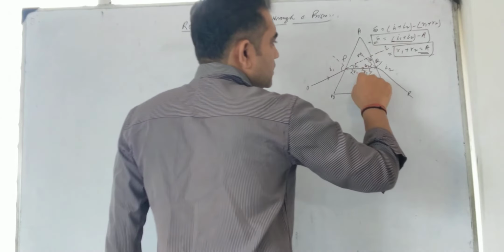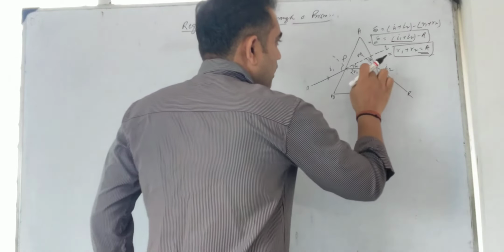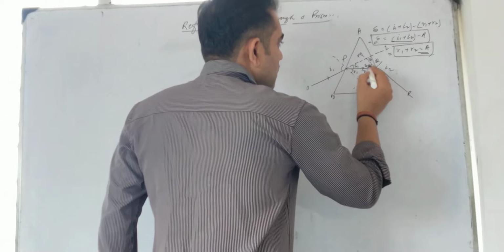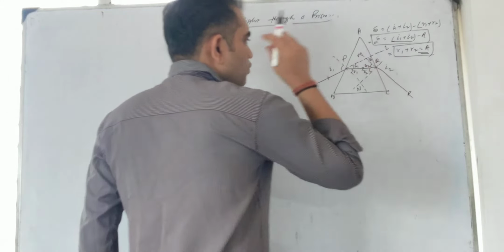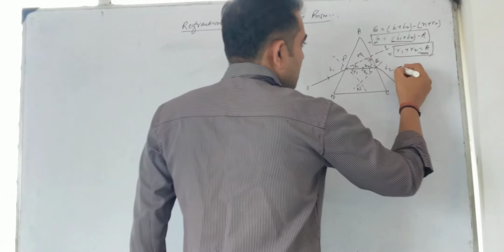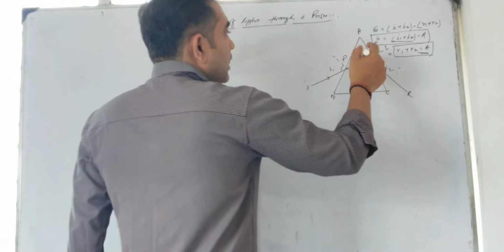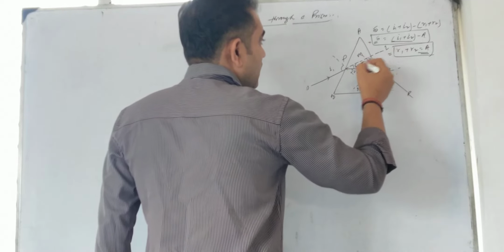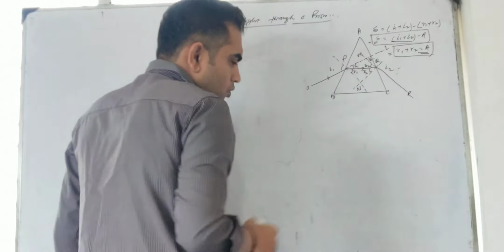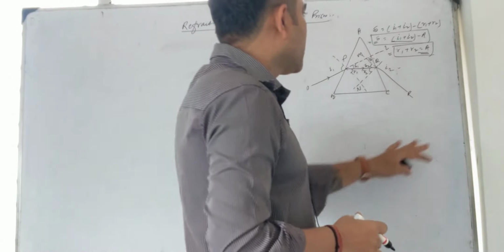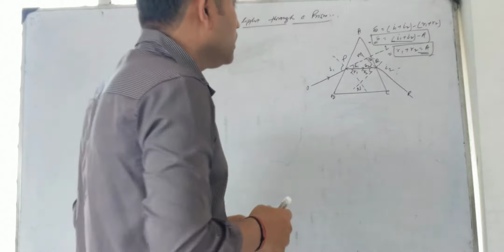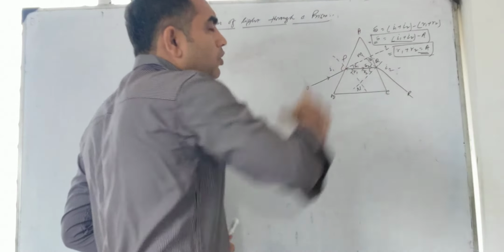At the second surface it is R2, sorry, not R1, it is R2, and the angle of emergence is I2. The angle of deviation is del, and here we have del 1 and del 2. So this is the complete refraction of light through the prism and all the possible angles that would be formed.